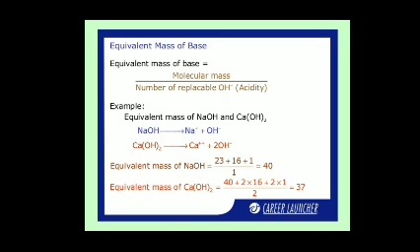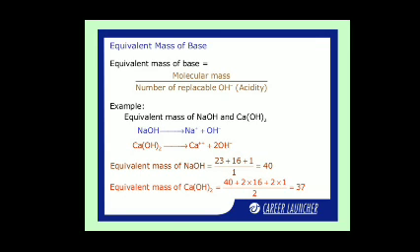Equivalent mass of base: the ratio between gram molecular weight and its acidity. Therefore, equivalent mass of base is equal to molecular mass by number of replaced OH minus ions, which is called acidity. Equivalent mass of NaOH and calcium hydroxide. NaOH gives Na plus OH minus. Calcium hydroxide gives Ca plus 2 plus 2OH minus.